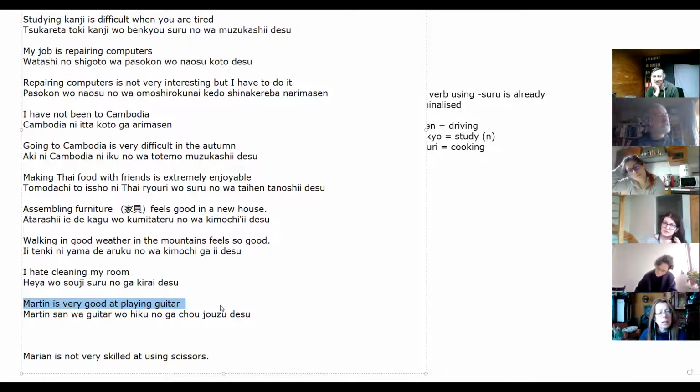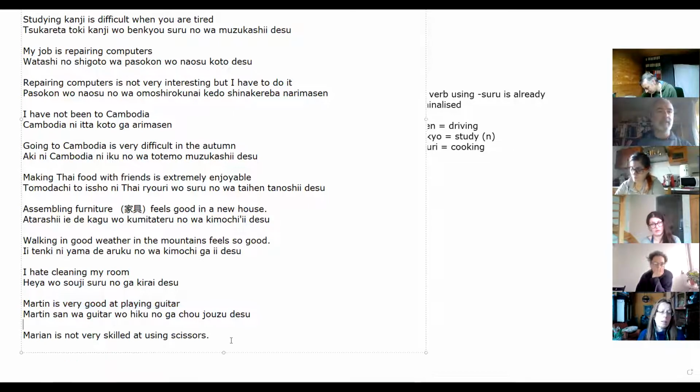That also doesn't really work. Tanaka sensei wa taikai o yoku dekimasu. This also doesn't feel right either. But using nominalization, you could describe exactly how somebody can do something without using hikikata or yarikata or any of this kind of stuff, which makes it sound clunky. You can just use nominalized verbs. So this actually means Martin's guitar playing is good. This is what we're saying, isn't it? He's skillful.